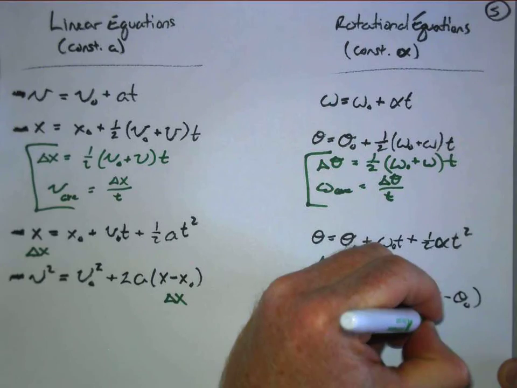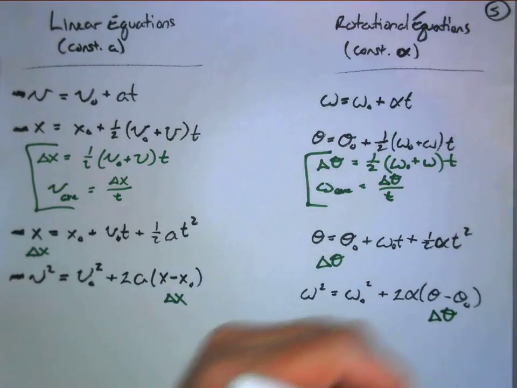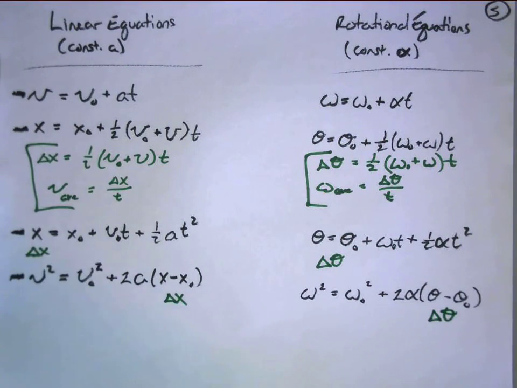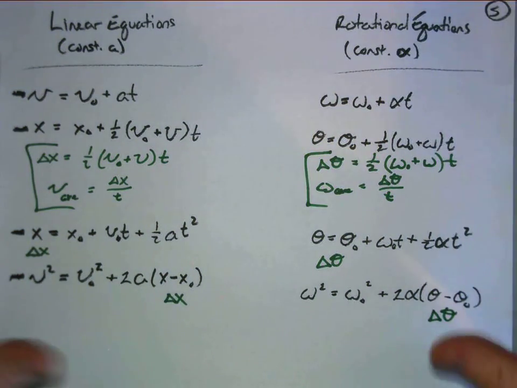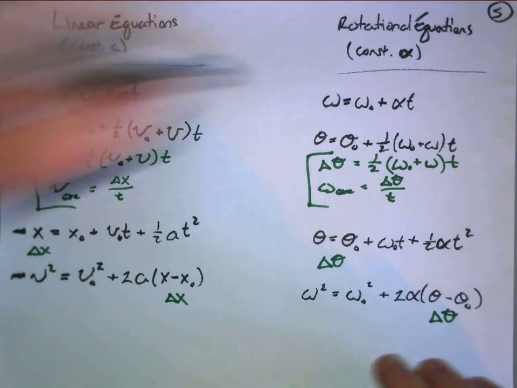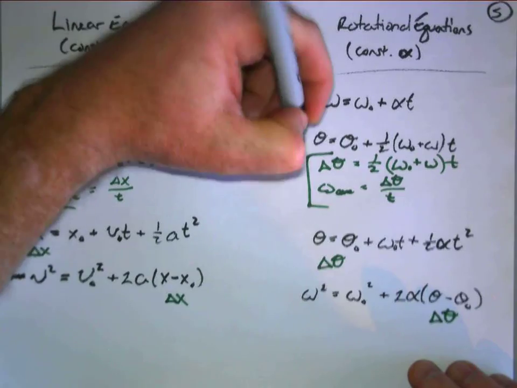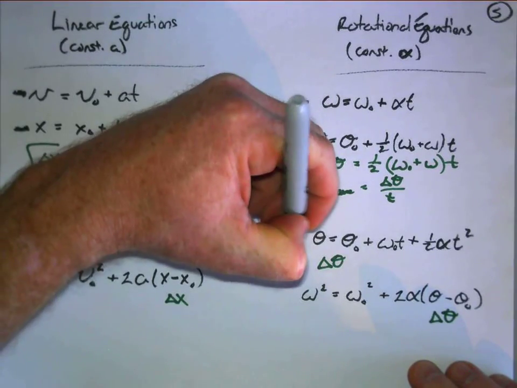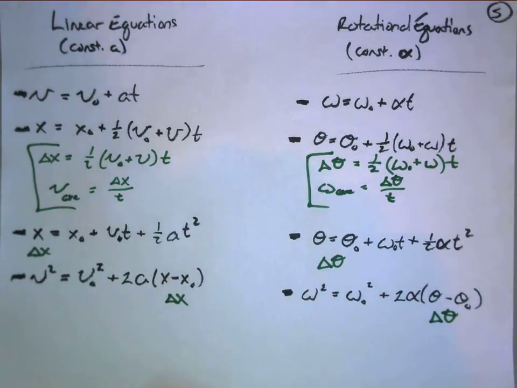And I'm used to just doing change like that. Okay, so equations that you don't have to memorize, but you're going to use them so much you probably will end up memorizing them. So we have 1, 2, 3, and 4, with a couple different forms of some of them. Not a problem. And of course, you guys are really good at math, so rearranging these things is no big deal.